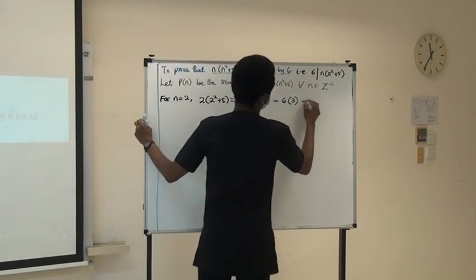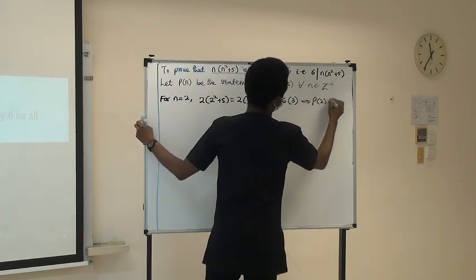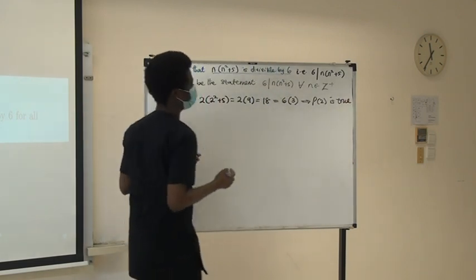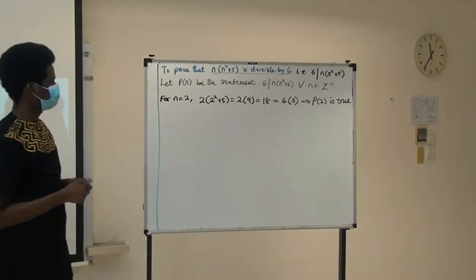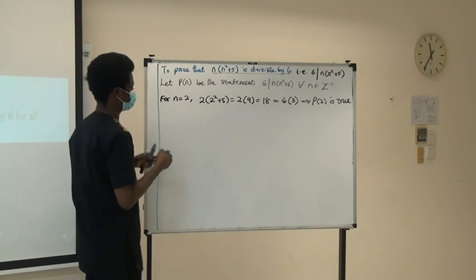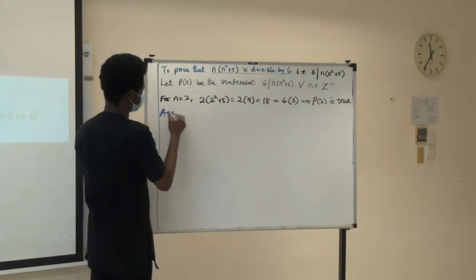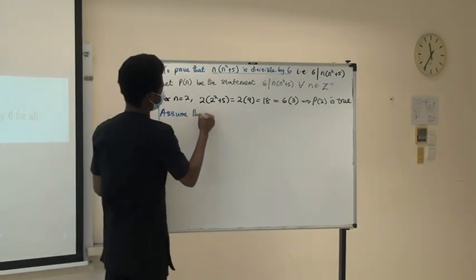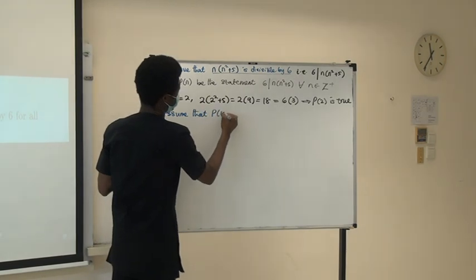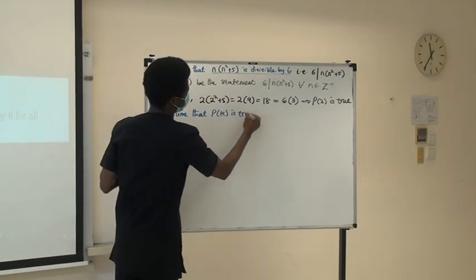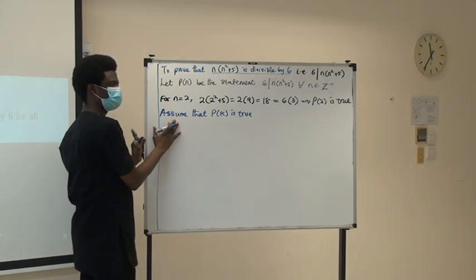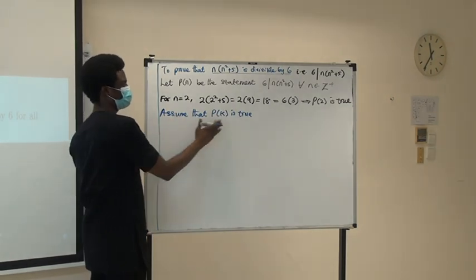So what does that mean? P2 is true. Now that we know that P2 is true, then you say assume that PK is true. It's an assumption. We need to see this keyword. Assume that PK is true.